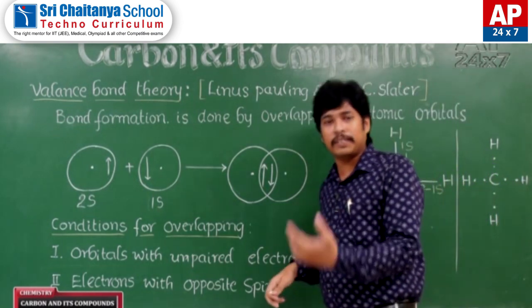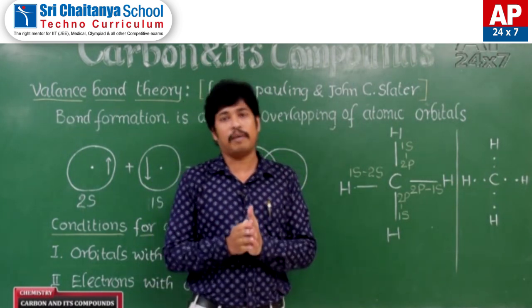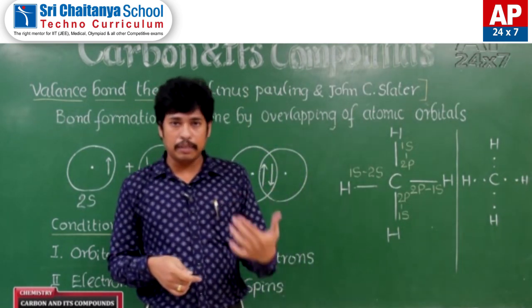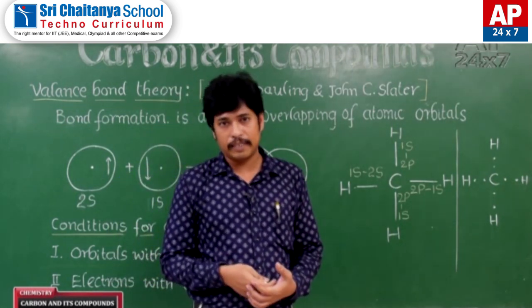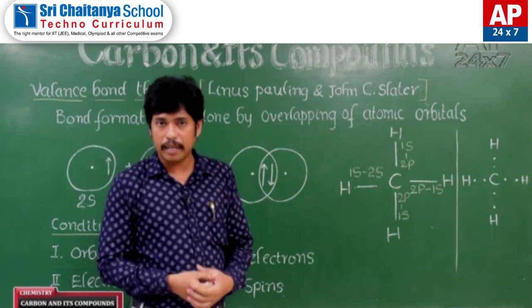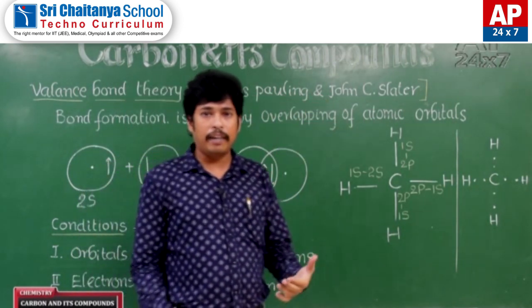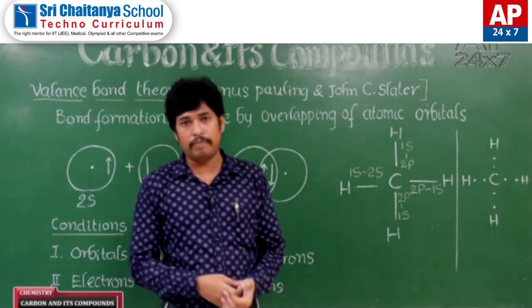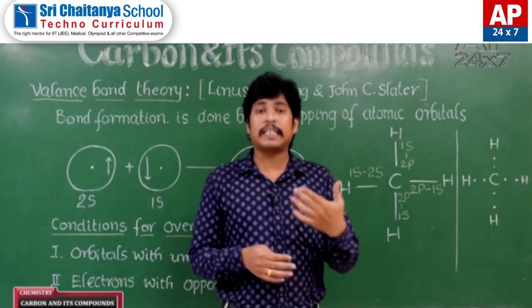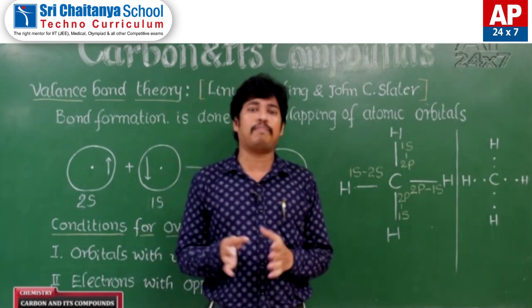As we all know, whenever 2 different atoms are involved in chemical bond formation by a covalent bond, that is possible by sharing of electron pairs, and in turn that is possible by the overlapping of atomic orbitals. As per valence bond theory, they clearly explained how overlapping is possible between the atoms during chemical bond formation, and moreover the strength of the chemical bond can also be explained by the extent of overlapping.